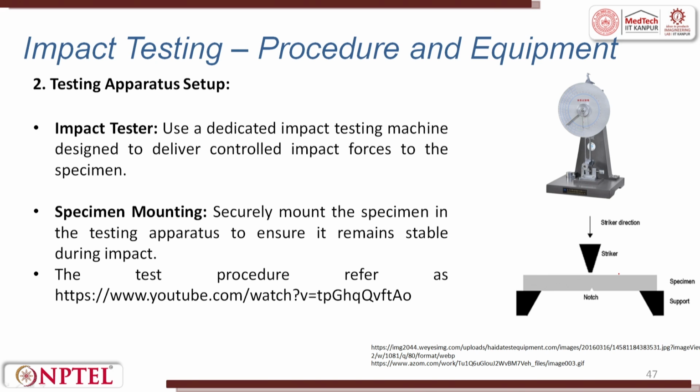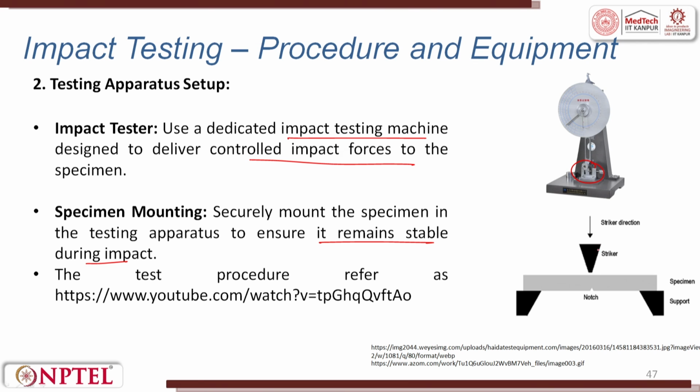The apparatus is a dedicated impact testing machine designed to deliver controlled impact forces to the specimen. For specimen mounting, securely mount the specimen in the testing apparatus to ensure it remains stable during the impact. That is why we put it on a holding device here.